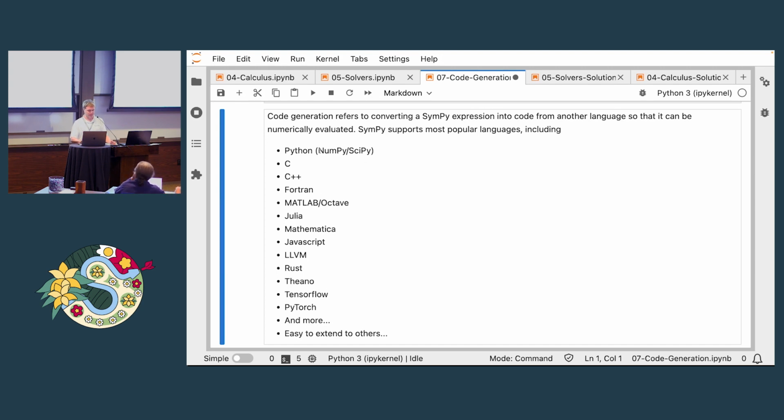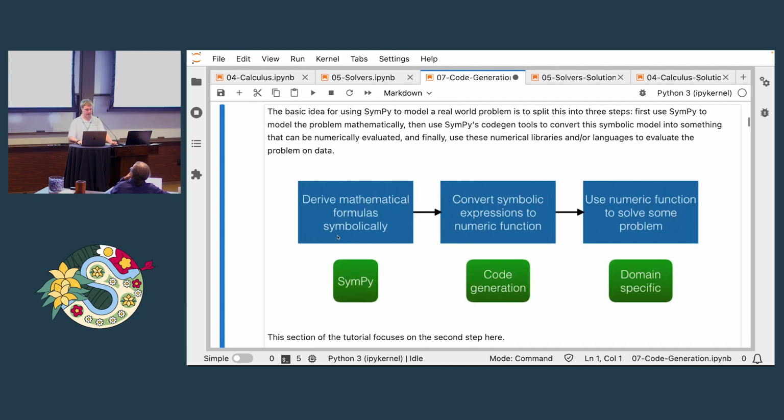So here's Python, which means generating code for NumPy or SciPy, C, C++, Fortran, MATLAB, Octave, Julia, Mathematica, JavaScript, LLVM, Rust, Theano, TensorFlow, PyTorch, and more. And it's also very easy to extend this to other languages that aren't supported yet. The basic idea for using SymPy is a three-step process.